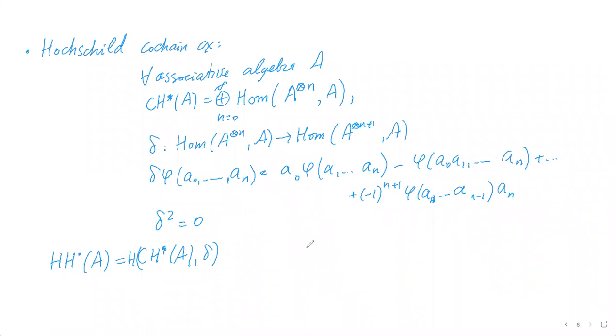The problem is that if you take A large enough, say A is the algebra of smooth functions on some manifold, then the space of all polylinear maps from A to itself is again totally wild.